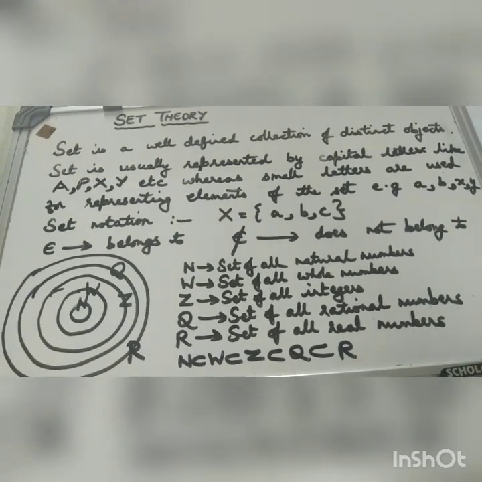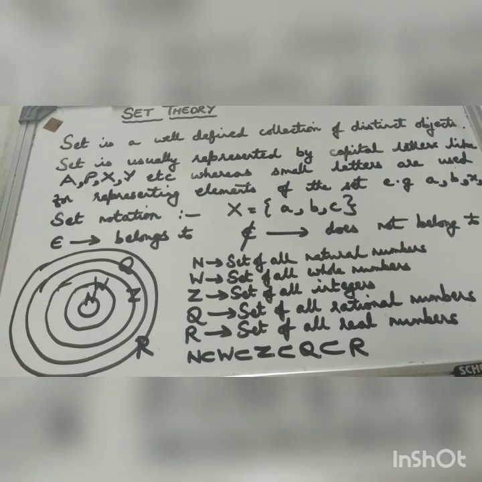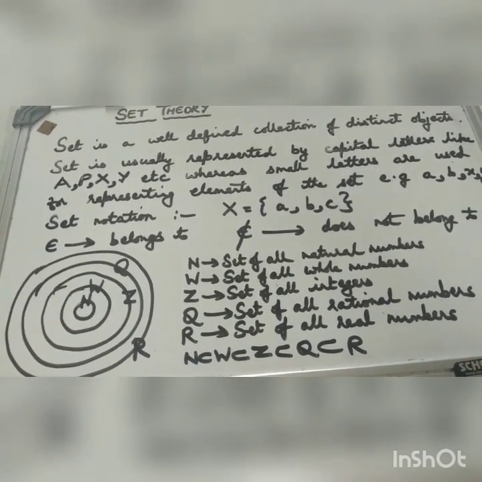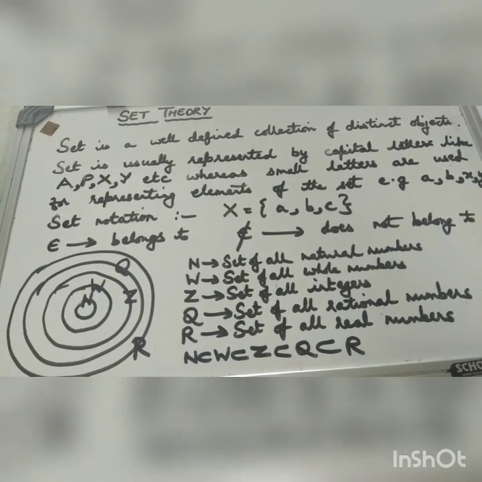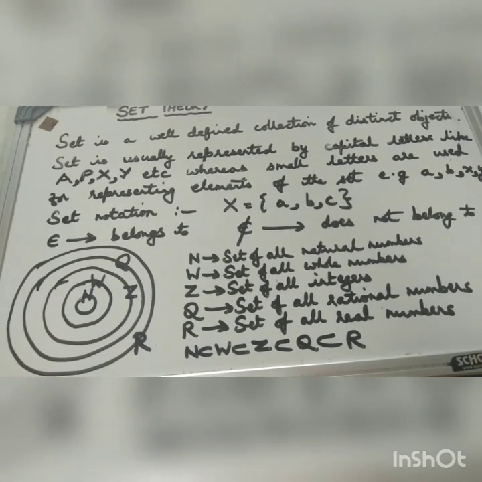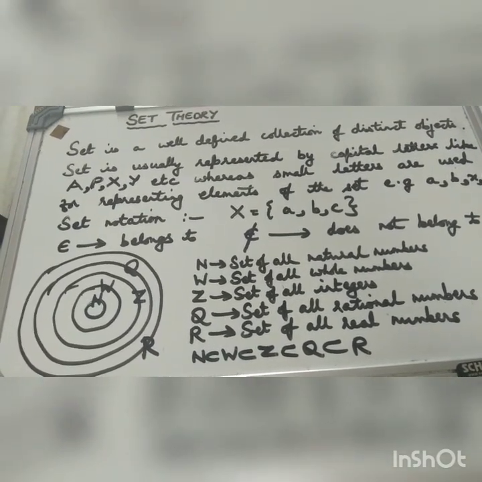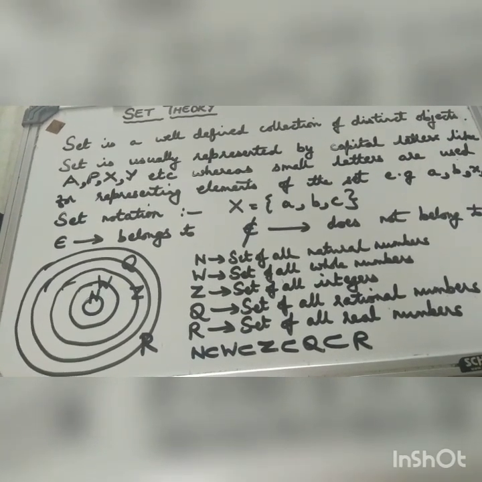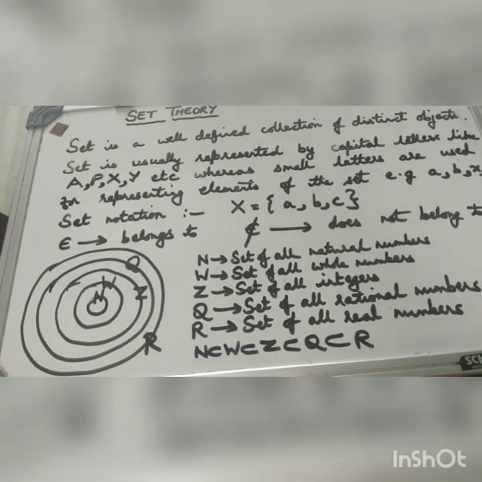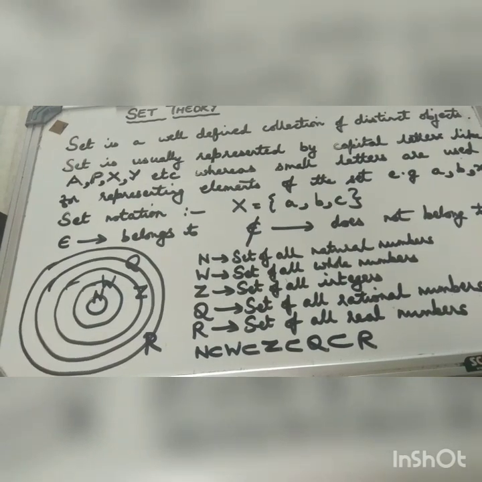Now there is another very interesting notation which I have made in your presentation, that is I have made concyclic circles, one circle inside the other one. The biggest circle is representing the set of real numbers. Inside that you have the set of rational numbers, that is Q, then Z, that is integers, and inside Z you have whole numbers, and whole numbers are containing natural numbers.